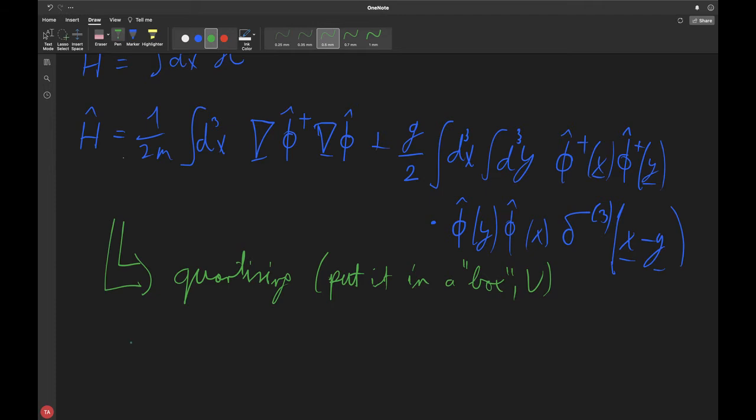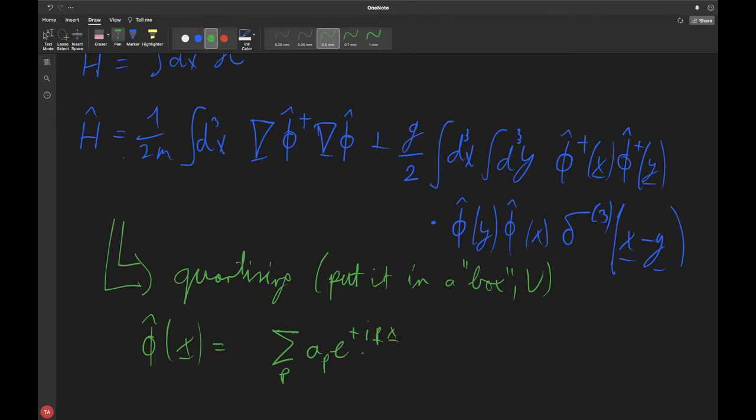That also includes that, as we discussed earlier, phi of x is the sum over p of a_p and the exponential of minus plus i p x.